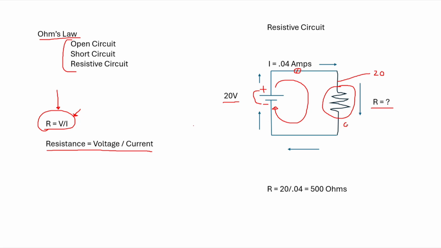So we're going to have 0 volts down here. So we know there's going to be 20 volts dropped across that load. So resistance is going to be our 20 volts right here divided by the current flowing through it, 40 milliamps. And that's going to yield a resistance of 500 ohms.